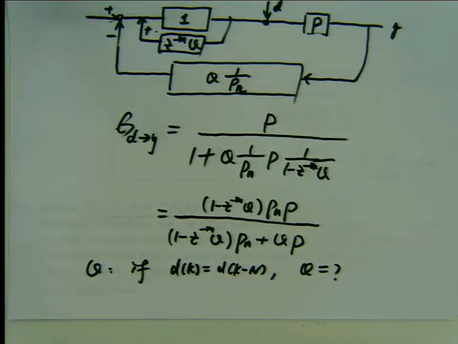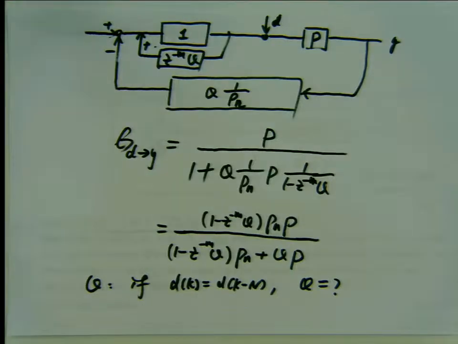That's the question. This is directly related to repetitive control. We discussed two ways to do repetitive control design, and now this is the third way. What's the condition for Q if I want to have good rejection of repetitive disturbance?